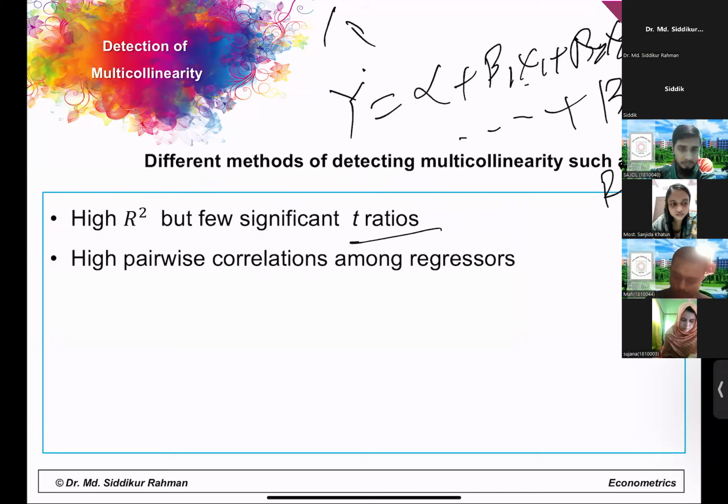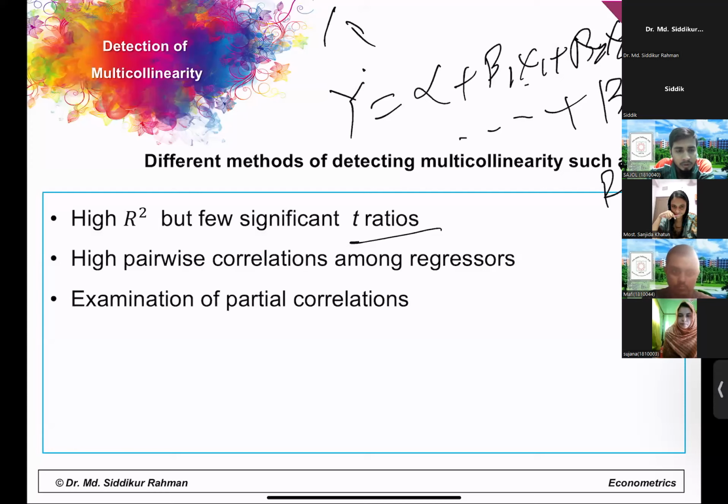Pair means suppose you have x1, x2, x3, x4, x5. You can do the pairwise, meaning x1 with x2, x1 with x3, x1 with x4, right? Or maybe x4 with x1. So there are a lot of combinations, right? So you can check the pairwise correlation, and if you find a linear relationship in the pairwise correlation, you might suspect there is a multicollinearity problem.